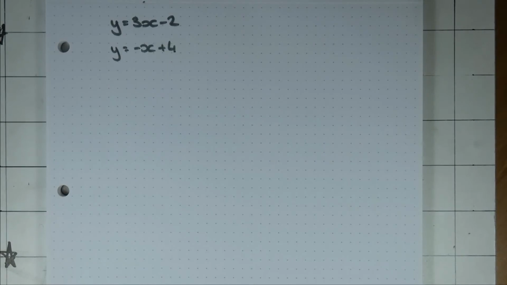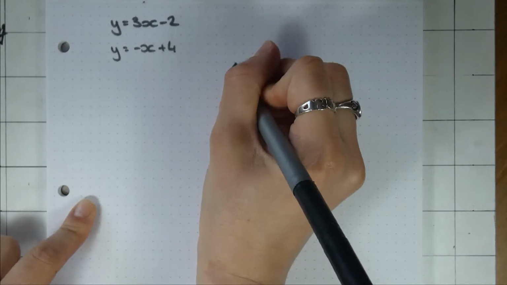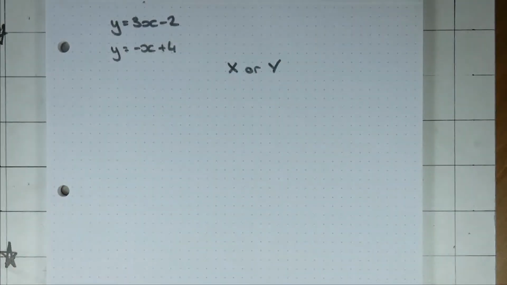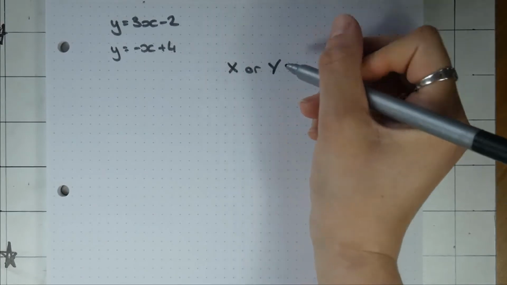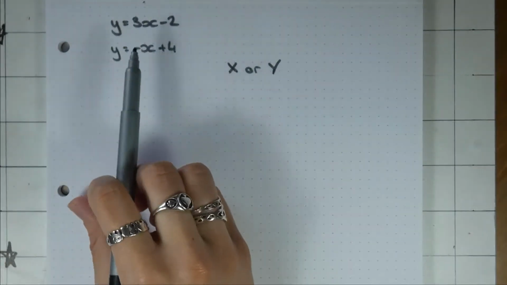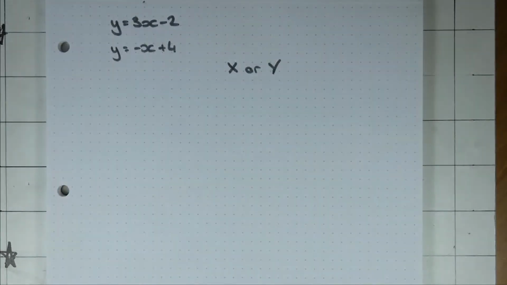Before we start doing any adding or subtracting, there is a check I need you to do every single time. First off, you ask yourself x or y. And what this means is, does either the x's or the y's have the same value in front of them?